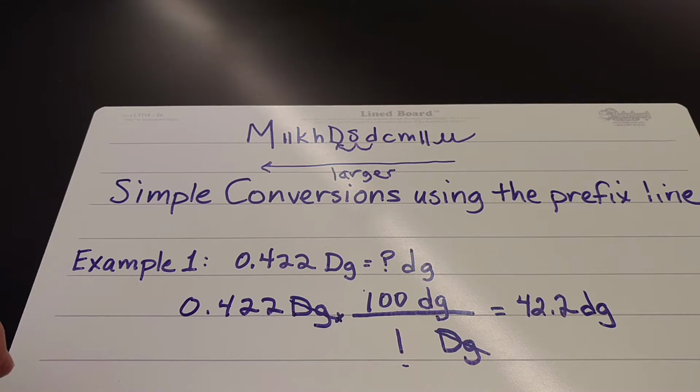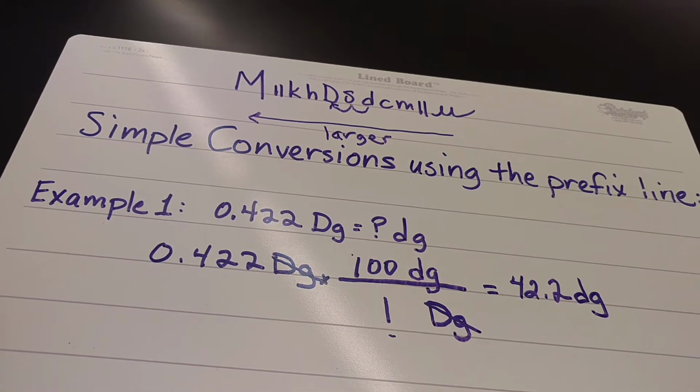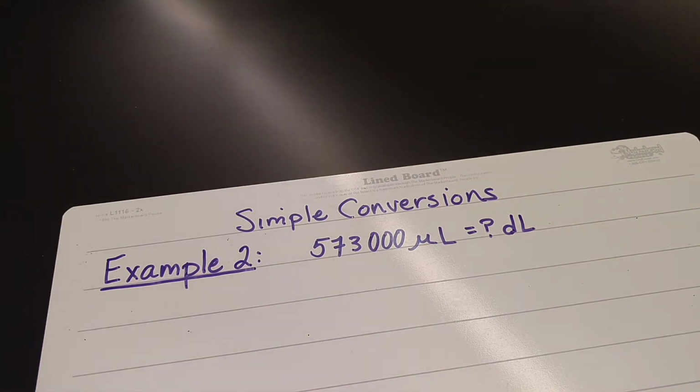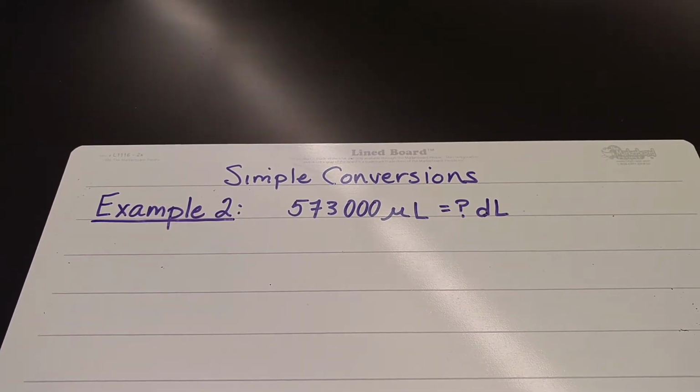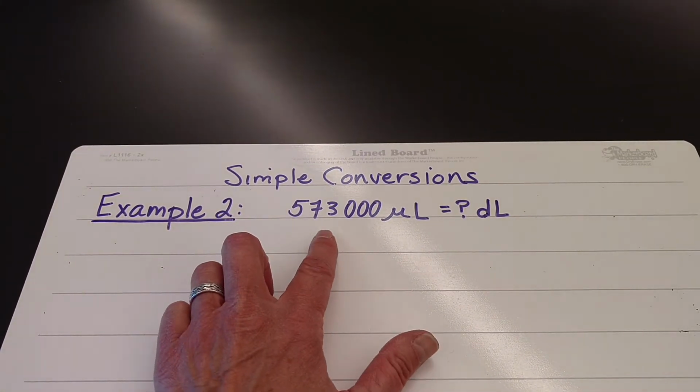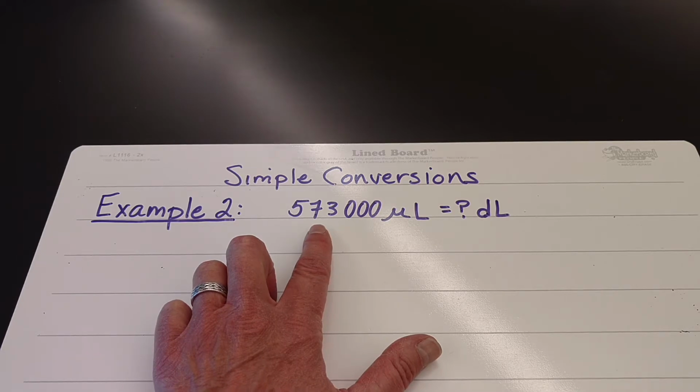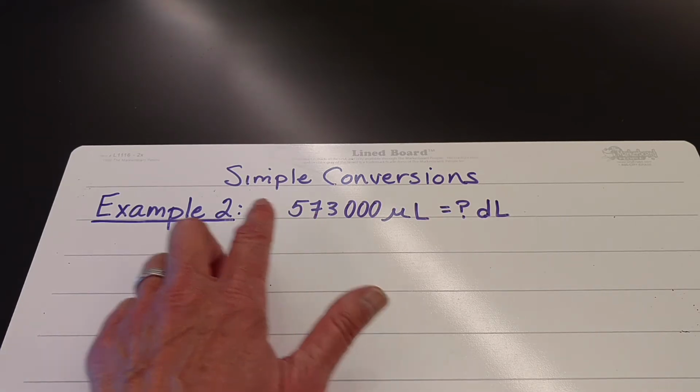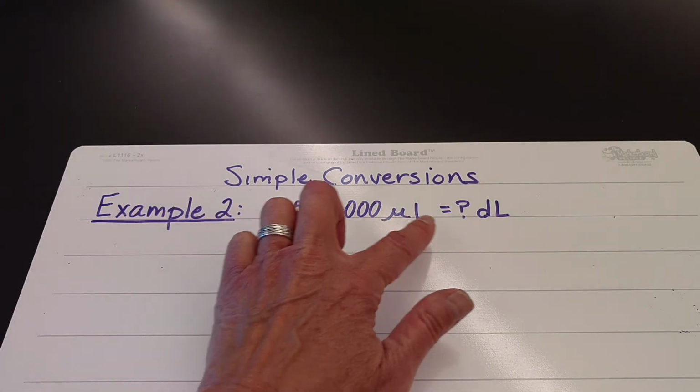Next, we're going to try another simple conversion problem. I'm going to have you pause your video after I explain what the problem is. So again, in the simple conversions, we're going to this time calculate if we are given a value of 573,000 microliters.